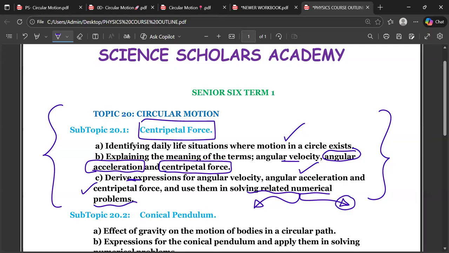Some books confuse the horizontal circle with the conical pendulum. They have a few things in common, but for now we are going to separate them. We're going to have the basic horizontal circle, then we shall look at the conical pendulum on its own. But for today, we are going to have some conditions of the horizontal circle perfected, learned and understood.